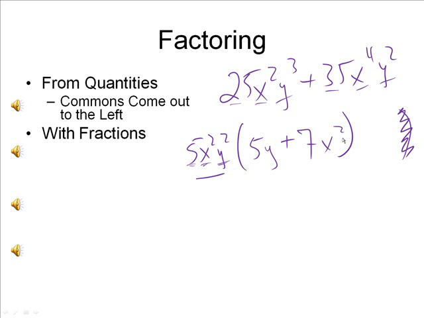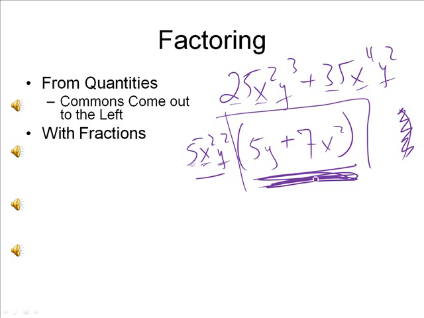Beyonce didn't mention that. So whatever's common comes out to the left. That's going to be the greatest common factor. Whatever's common comes out to the left, to the left, to the left. You've got to make sure you say it that way. And then anything that remains goes in parentheses.